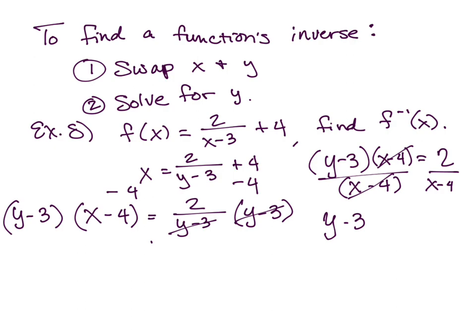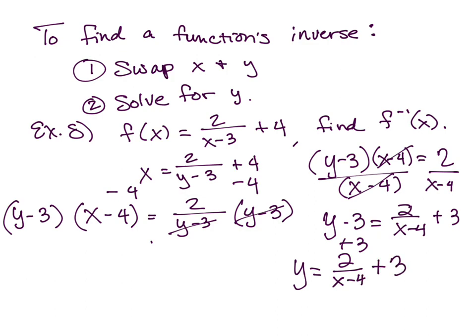So y minus 3 equals 2 over x minus 4. Add the 3. So y is equal to 2 over x minus 4 plus 3. Because this is the inverse function, we want to go one more step.